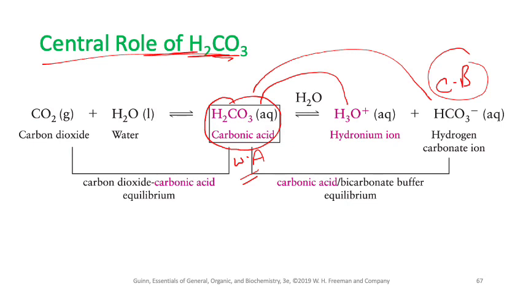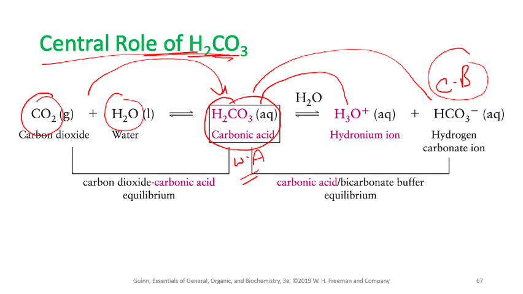You can get carbonic acid in the blood by reacting carbon dioxide and water. And where do you get the carbon dioxide? From respiration. When they react, they form carbonic acid. So carbonic acid is the center point, in between the carbon dioxide and water reaction, and the conjugate base and hydronium ion concentration.